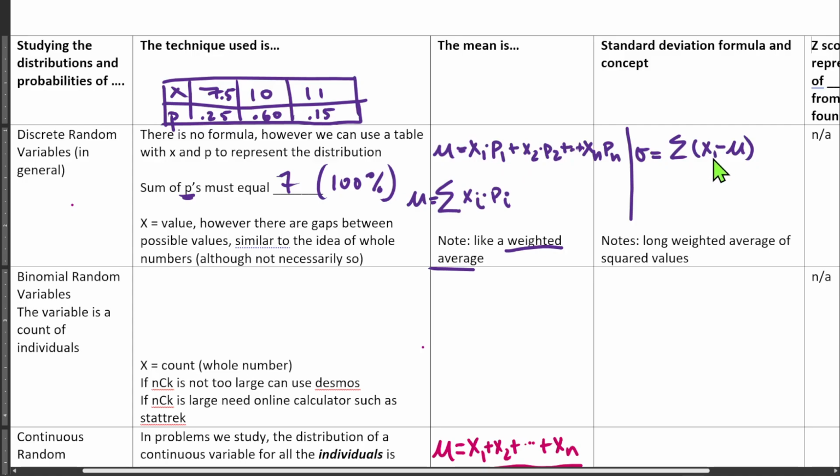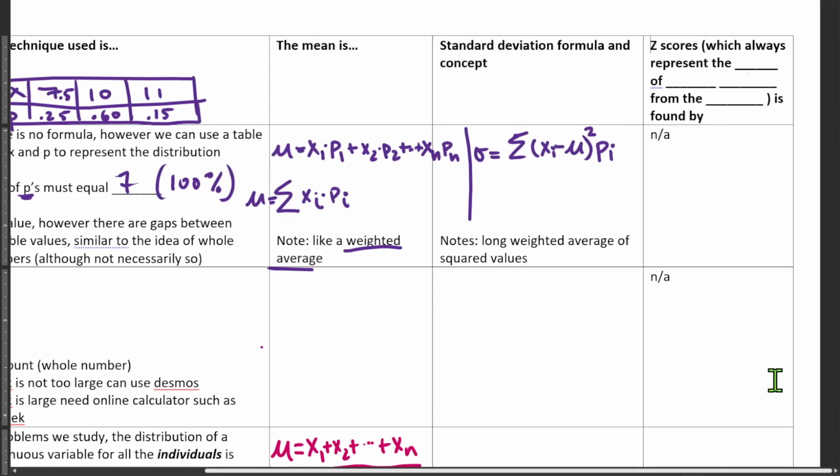And you subtract each x value from the mean, and you square it, and you times it by its probability. And then you sum up all those results. And this should be a pi, and xi, and a pi, because I wrote it in sigma notation. You don't do z-scores.